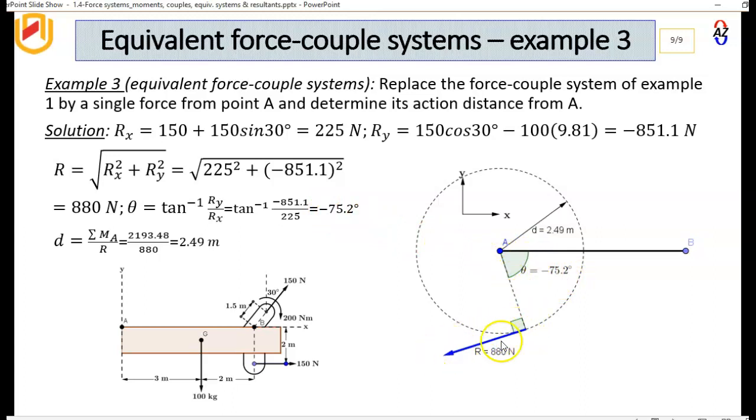So we now have an equivalent force acting at 2.49 meters, round about here, going down, and that is equivalent to the whole system that we see in this example. Isn't it amazing? That's it for this segment.